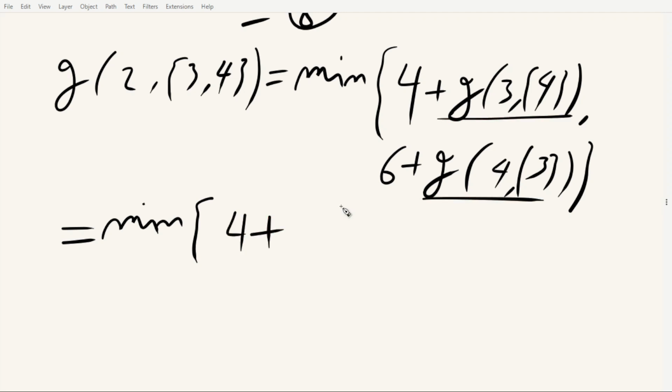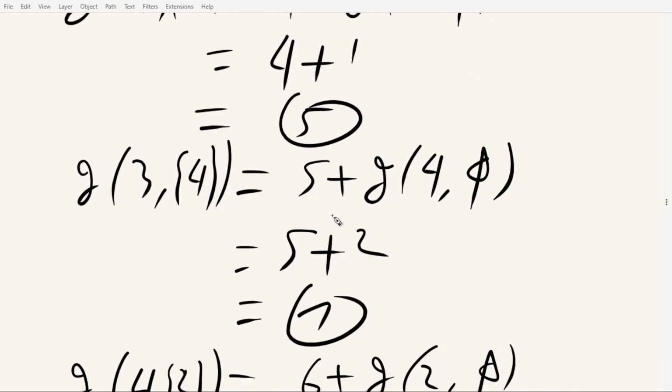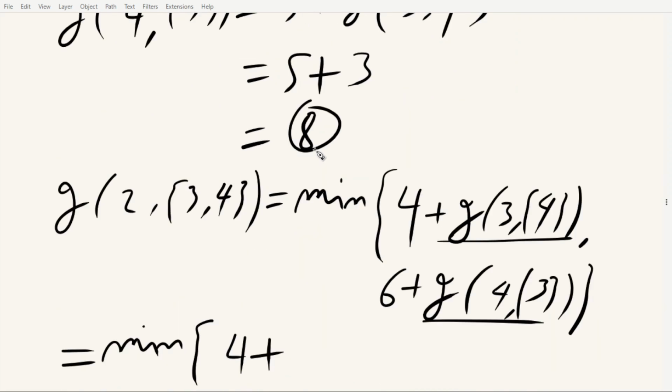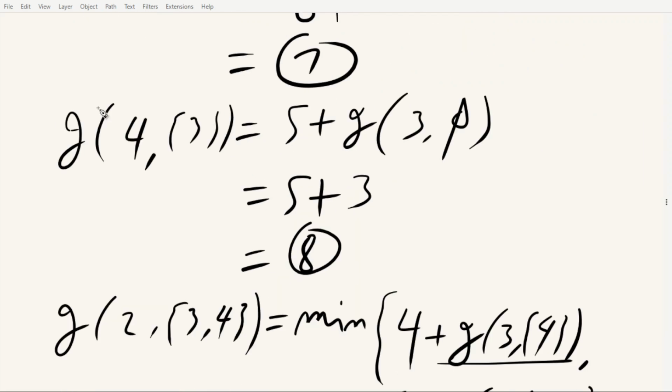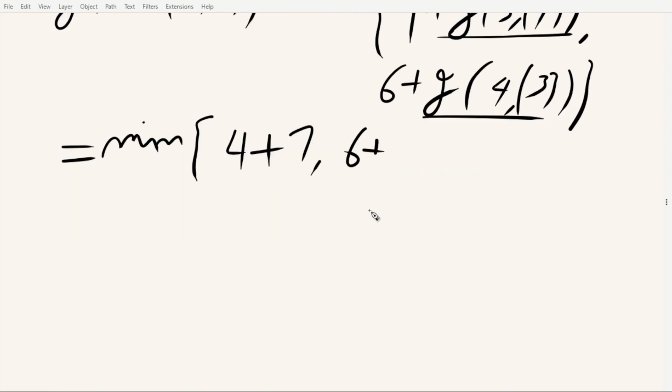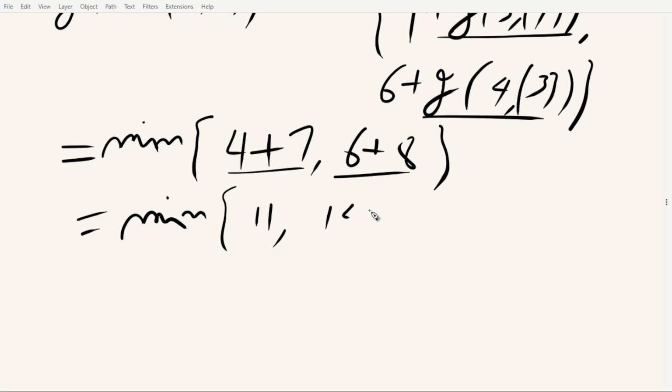So G3,{4} value is 7 and G4,{3} value is 8. So we get 11 and 14. We get 11.